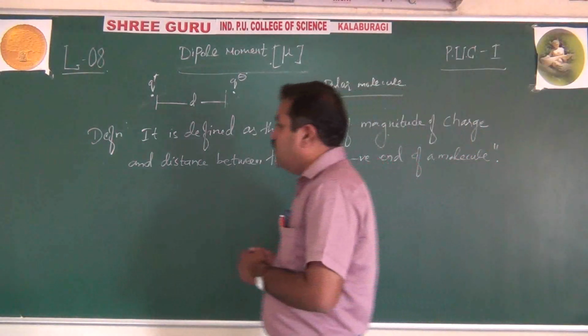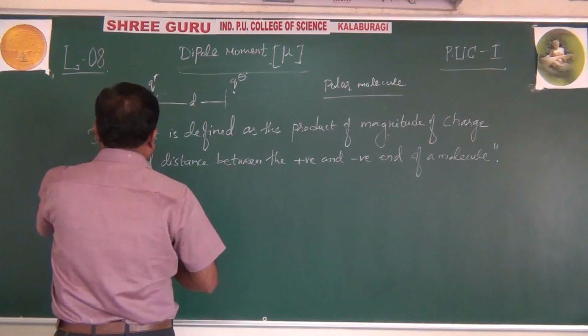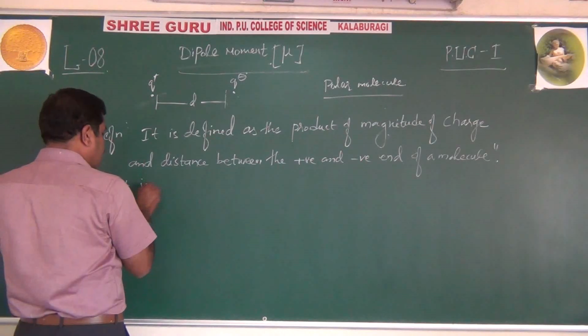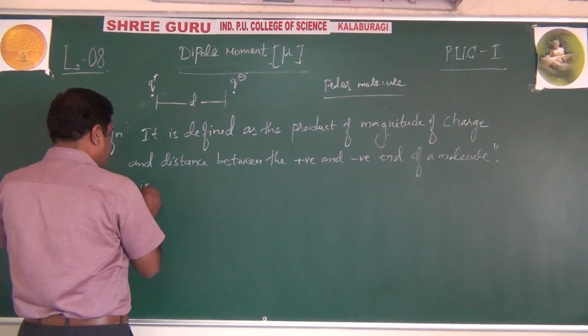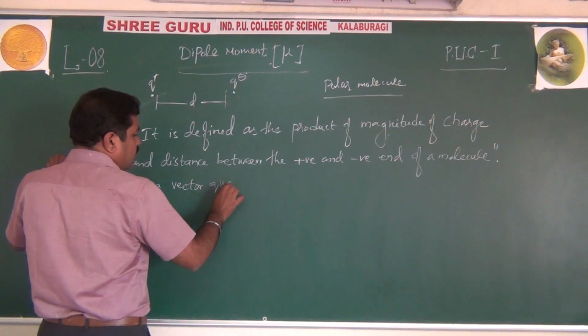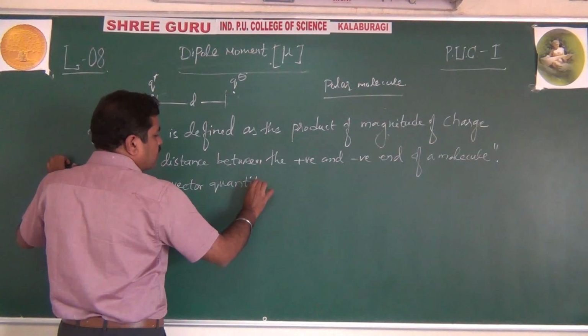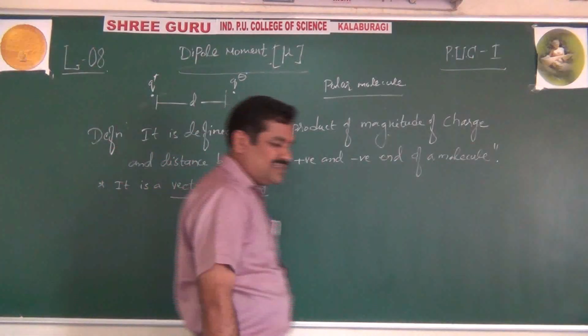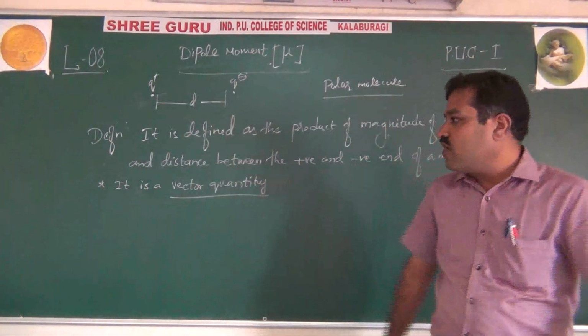That is called dipole moment. And very importantly, it is a vector quantity. That means it depends on both magnitude as well as direction.